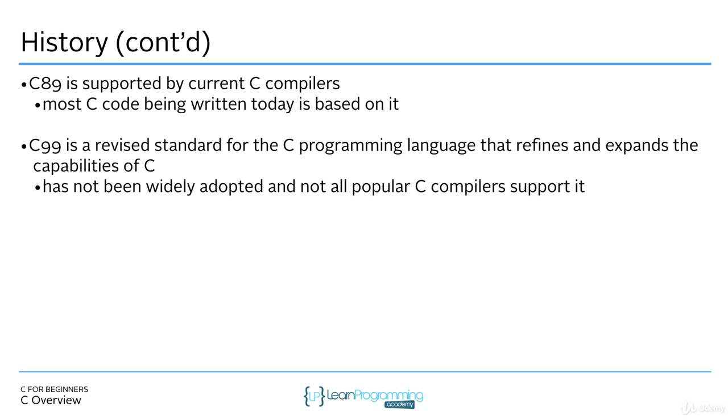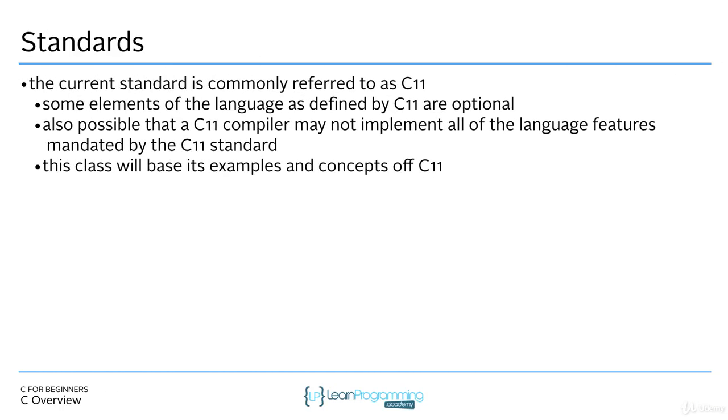C99 was a little revision where it expanded on some of the functionality and capabilities of C. It hasn't been widely adopted, and not all the compilers support it. But we'll be focusing on mainly C99. The current standard is commonly referred to as C11, 2011. Not used as much, but it does have a lot of cool features.